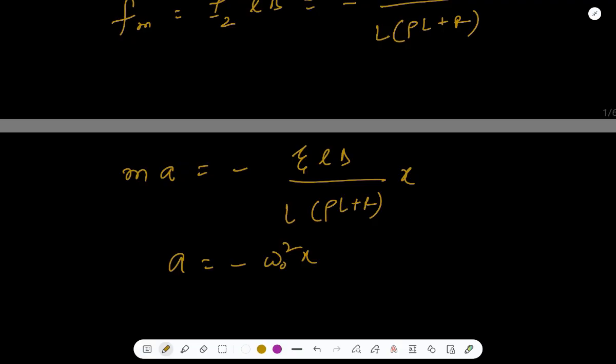I usually write the frequency of natural oscillation as omega naught and the time period as T naught. So I'm writing omega naught here. You can put omega here simply.